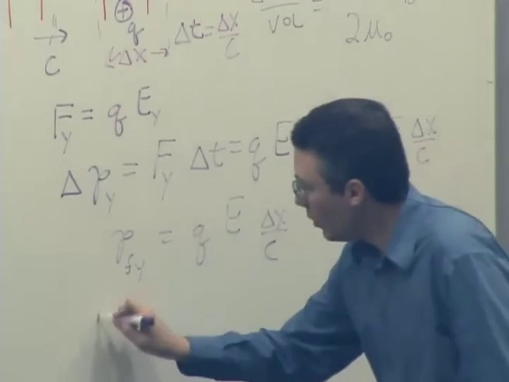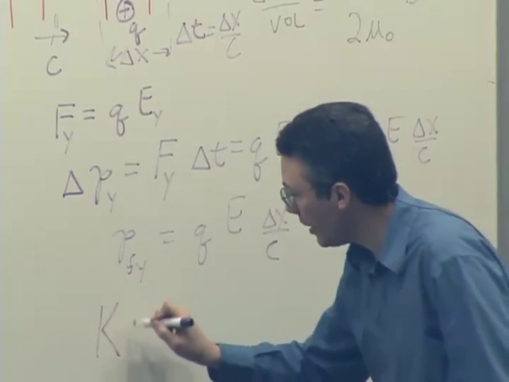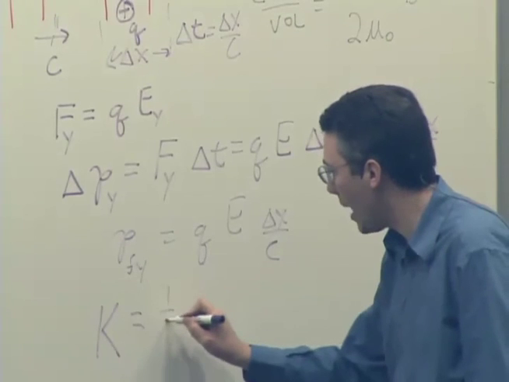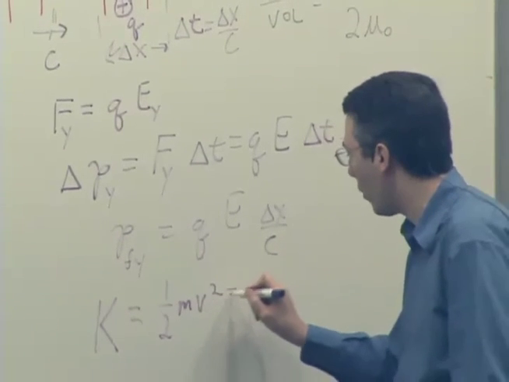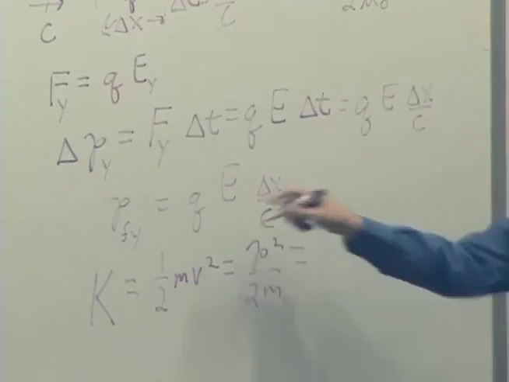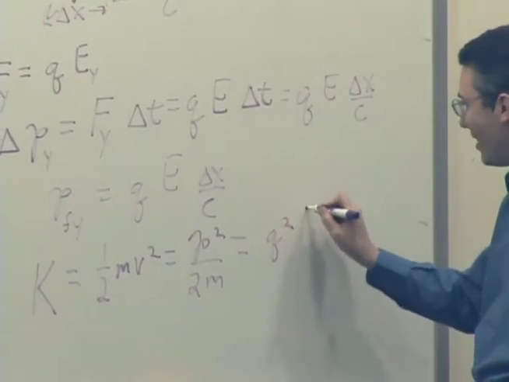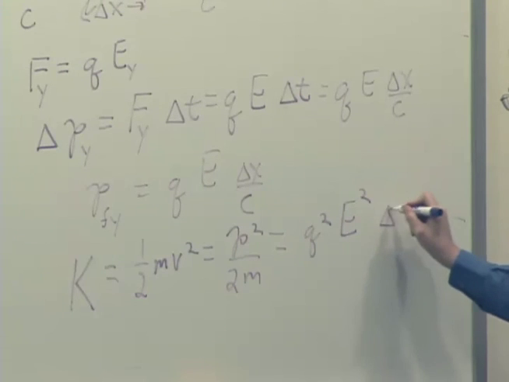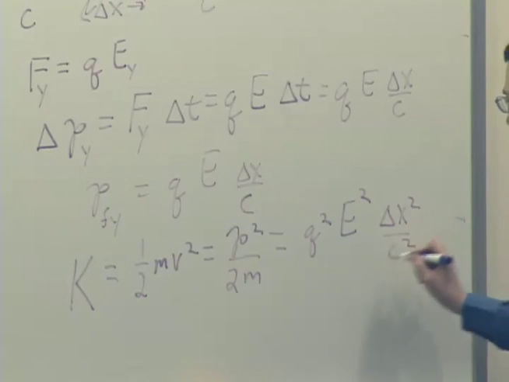The energy is going to require some kinetic energy, and I could relate that to either 1/2 mv squared, or I could also say p squared over 2m. If I square the momentum, I'm going to get Q squared E squared delta x squared over c squared over 2m.